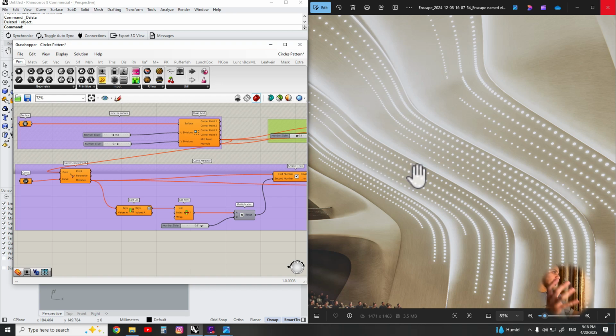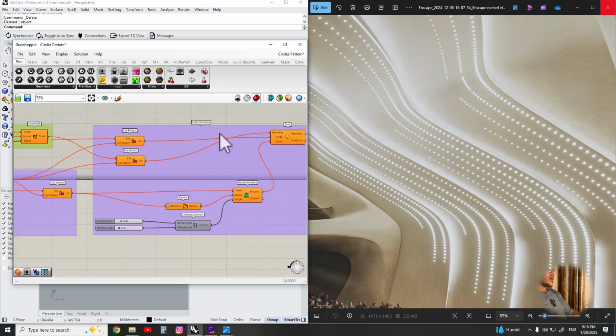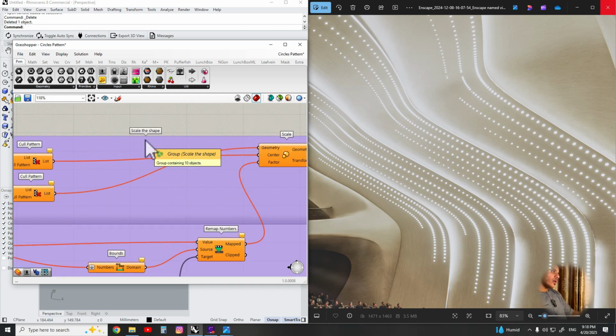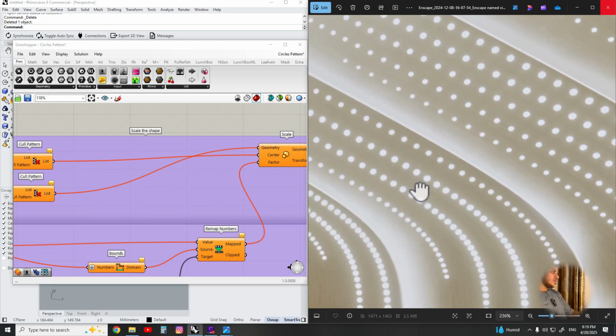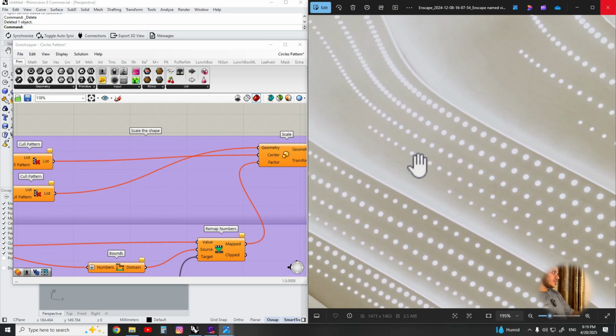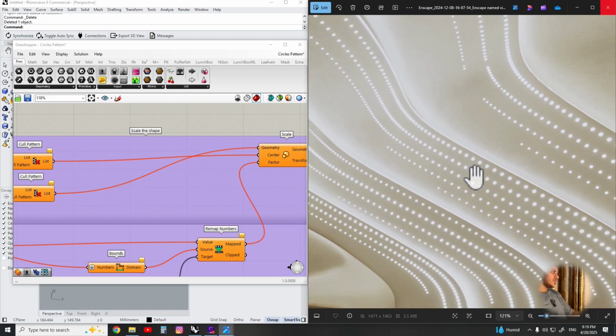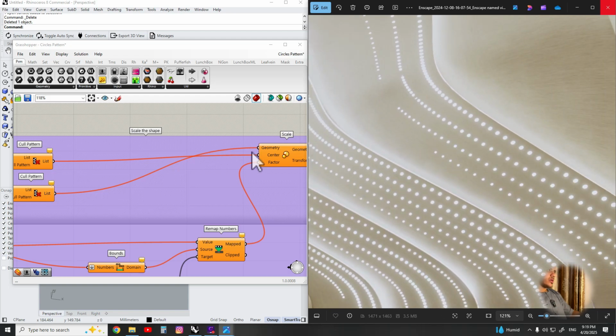That side is the curve or the source which the circles will start from. And the final part is to scale the shape. As you can see here, there are smaller variations of the radius of the circles.